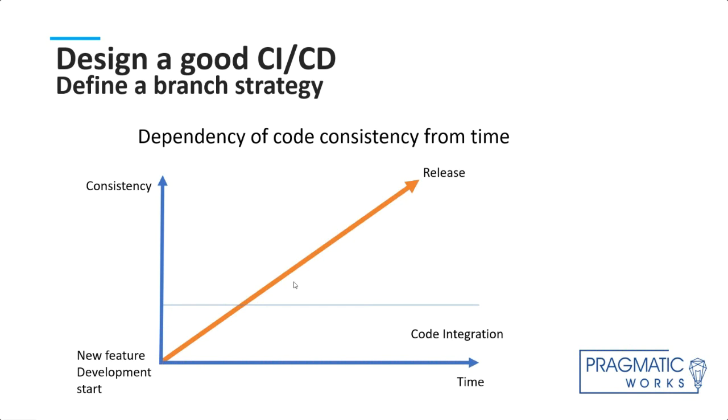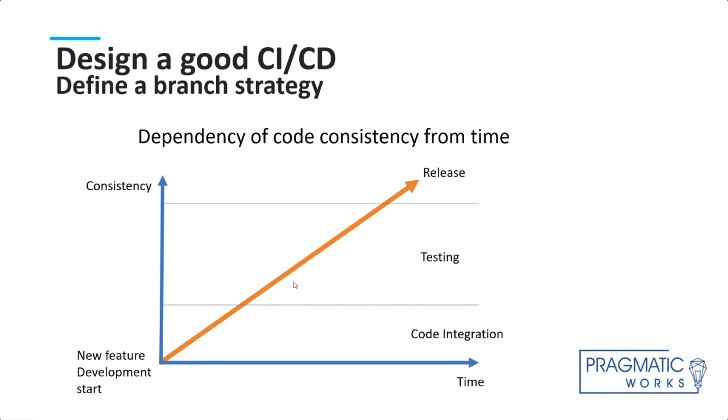We must check that this code will not break anything in our existing code base. Then we must test our feature so we can be sure that the feature works fine and everything is good and it's compliant with all our functional and non-functional requirements. And then we can go to release.